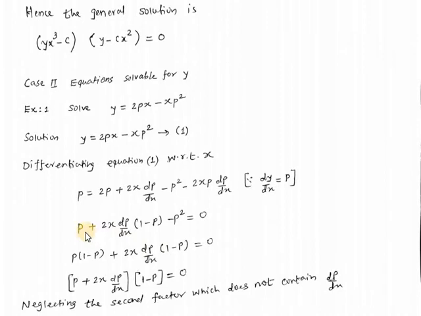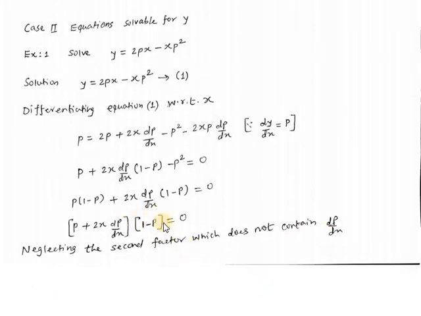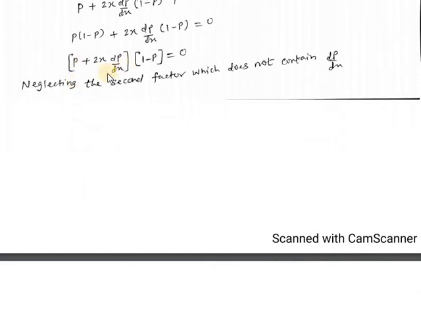Now here p is common from first and last term, so p in bracket 1 minus p plus 2x dp by dx in bracket 1 minus p is equal to 0. Now 1 minus p is common from these two terms, so it will be in bracket p plus 2x dp by dx, bracket complete, in second bracket 1 minus p is equal to 0. Now neglecting the second factor which does not contain dp by dx, we will consider only this factor.